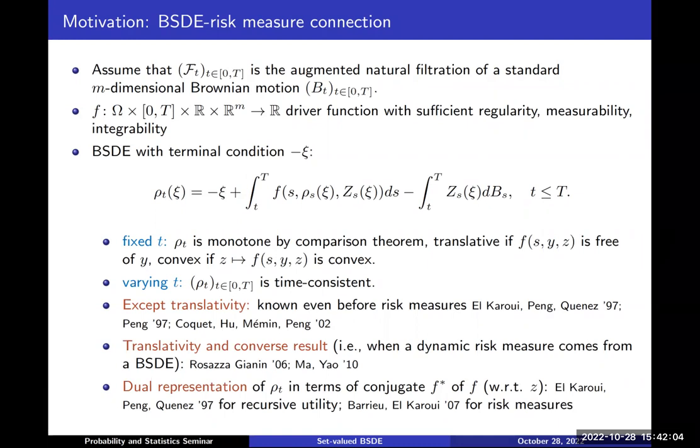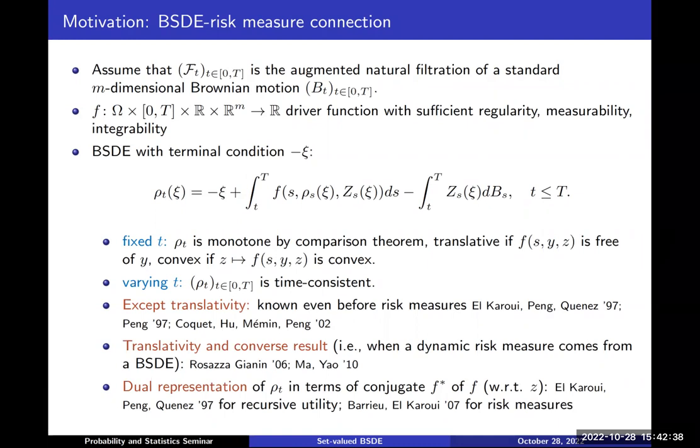And later people studied transitivity and also the reverse question. For instance, when you start with a risk measure, when can you ensure that this comes from a BSDE? This kind of converse result was studied by Emanuela Rosazza Gianin, and also there is a paper of Jin and his former PhD student Yao on the quadratic case.